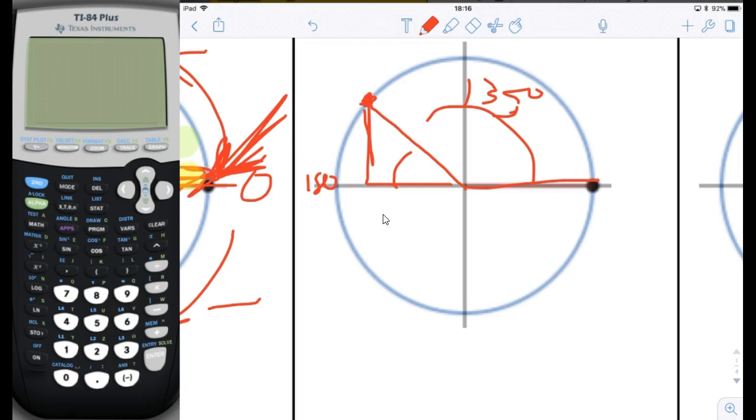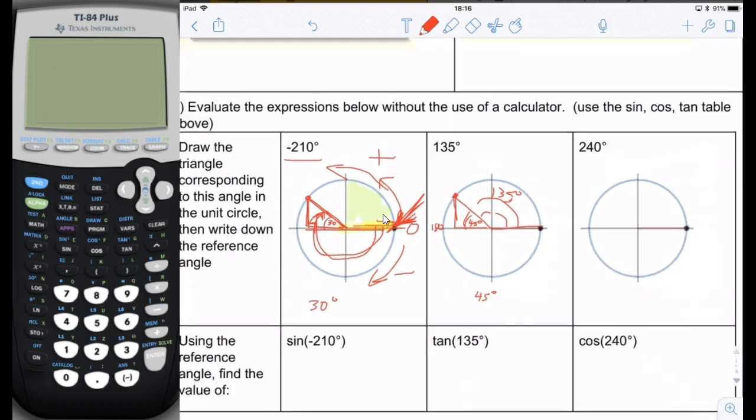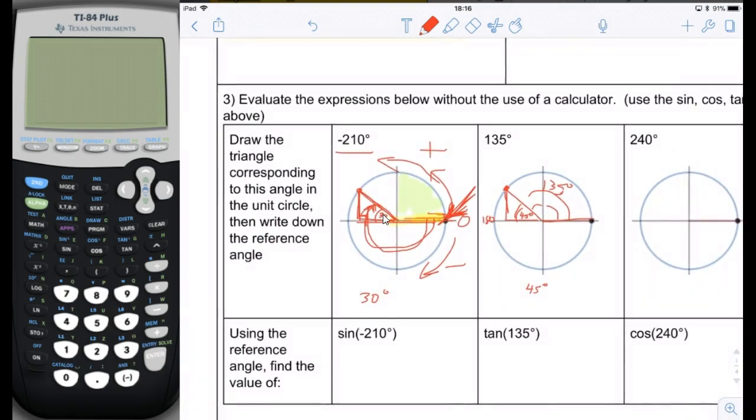By the way, that's 45 degrees. Okay, so that makes sense. 90, 45, and this would be 45 also. So my reference angle for this angle that I drew is 45 degrees. I wanted to know that too, right? Draw the triangle corresponding to this angle, write down the reference angle.